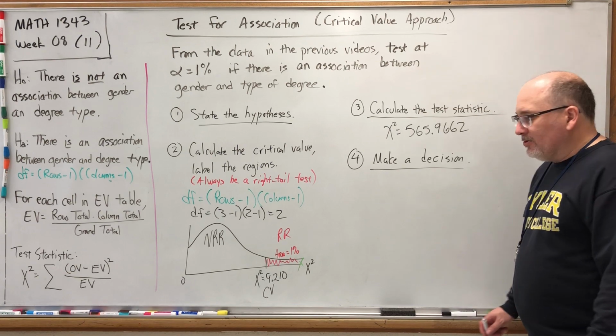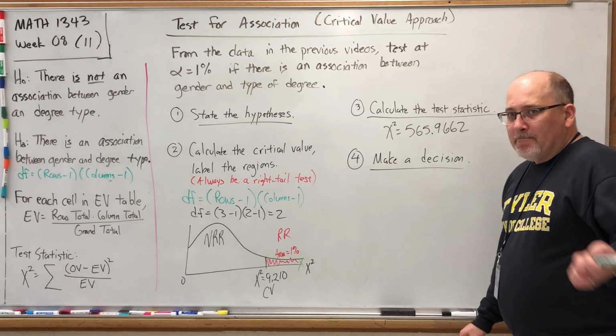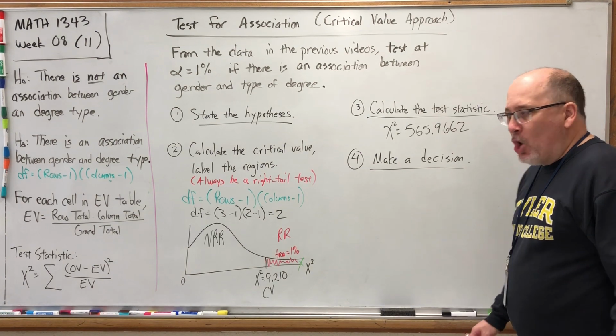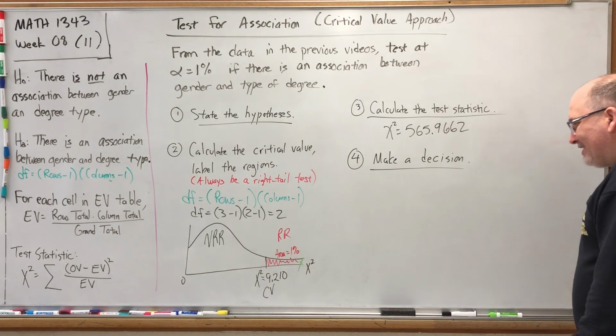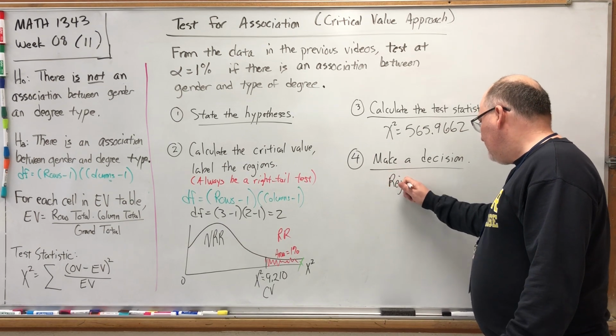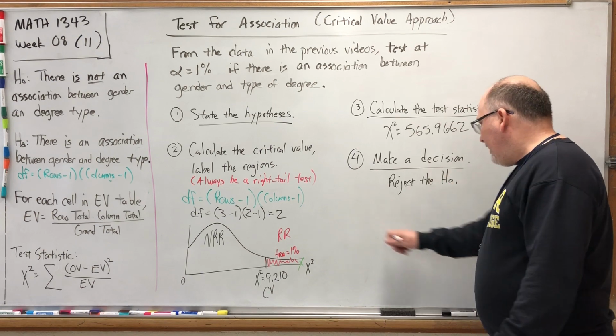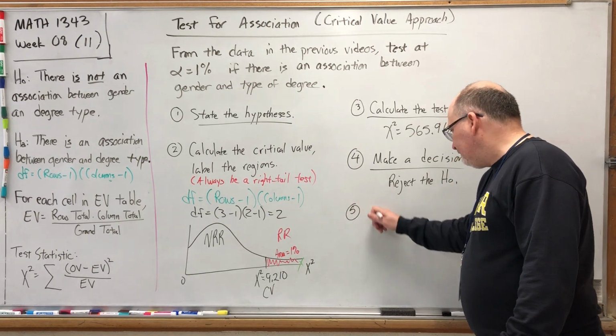And if you don't get the allusion, YouTube it. Dikembe Mutombo, M-U-T-U-M-B-O. So you make a decision, and the decision here is going to be to reject the null hypothesis.